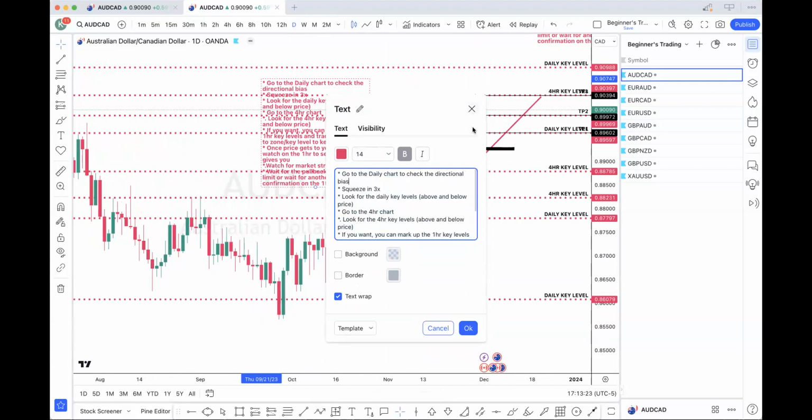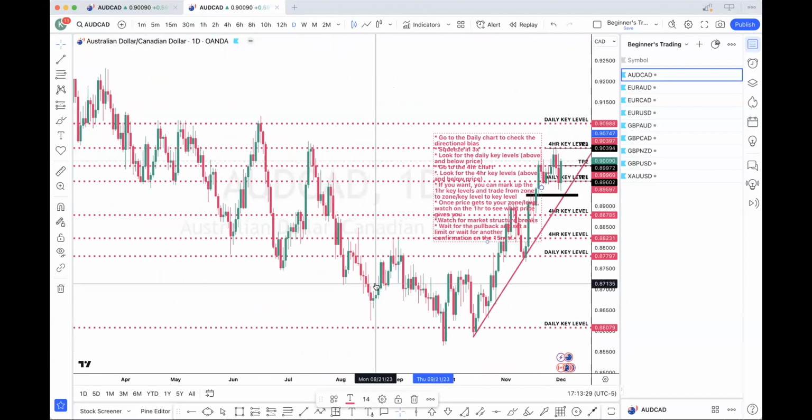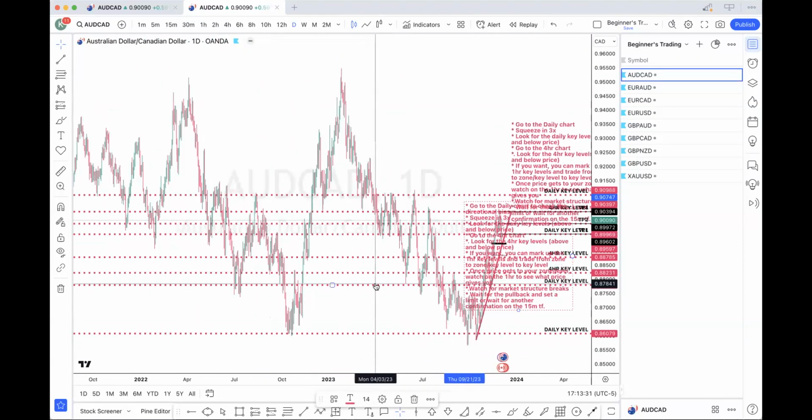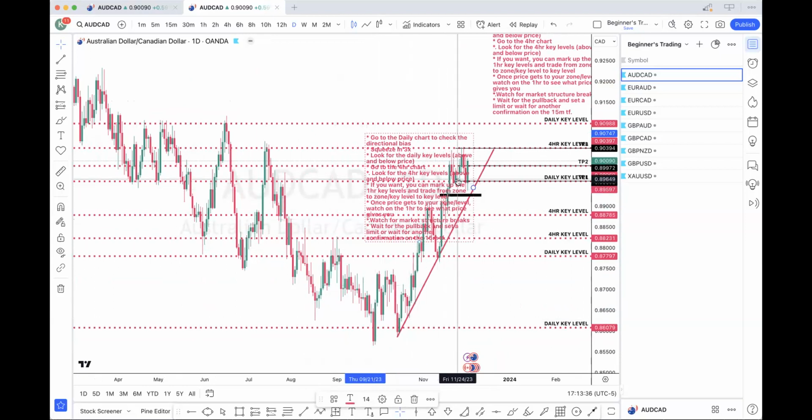You always want to squeeze in so you can see what the overall move is. So based on the daily, we are definitely in a bullish move, a bullish trend, right?